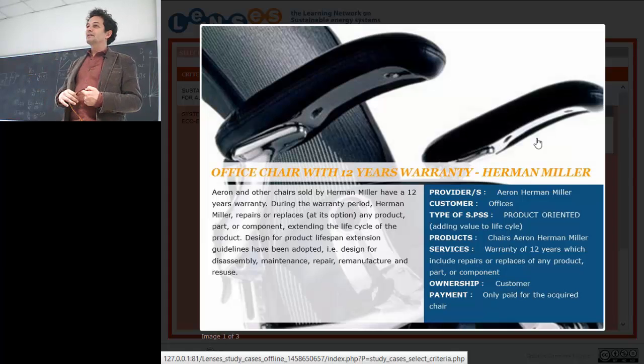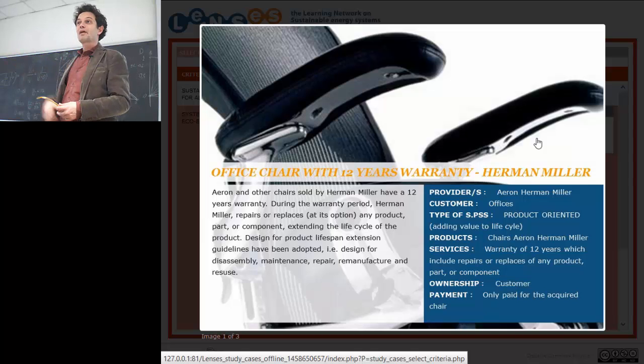And within these 12 years, whatever happened to your chair, it's my own problem, which turned out to be a business. In which sense? If it doesn't last long, I have to produce a new one, and it's a cost. All right? And so what they actually do, they design for long-lasting products.